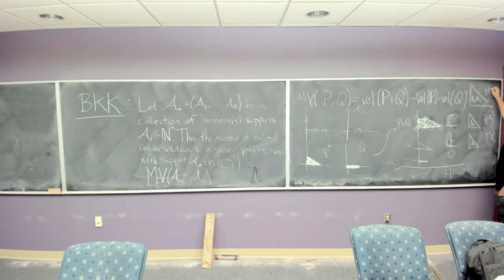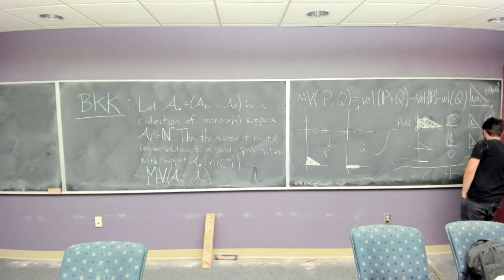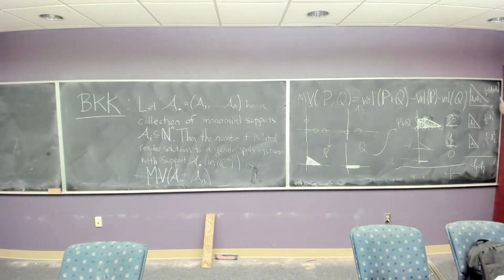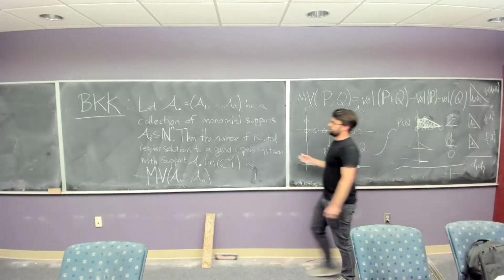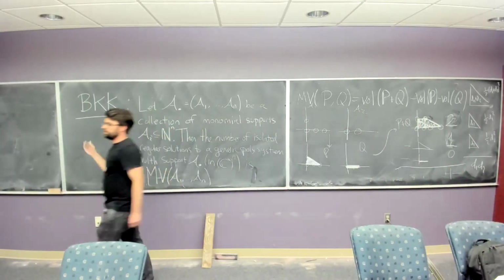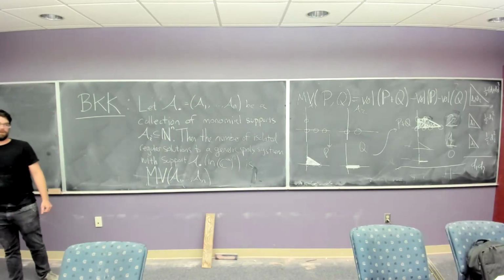It's 1/2 (d1 plus d2) squared. Subtract those off, and you should get d1 times d2, because the squared terms cancel, and all you get is the mixed term left. So BKK is a more general thing than Bézout's theorem.